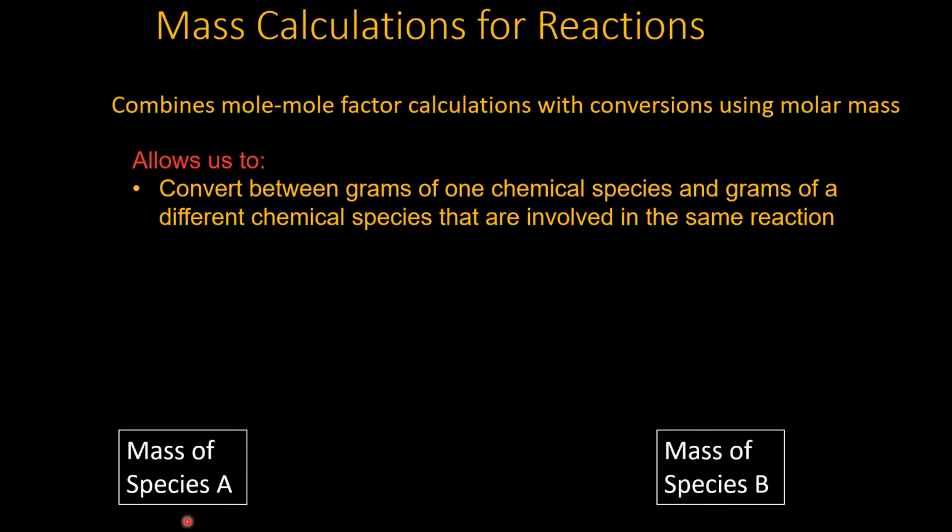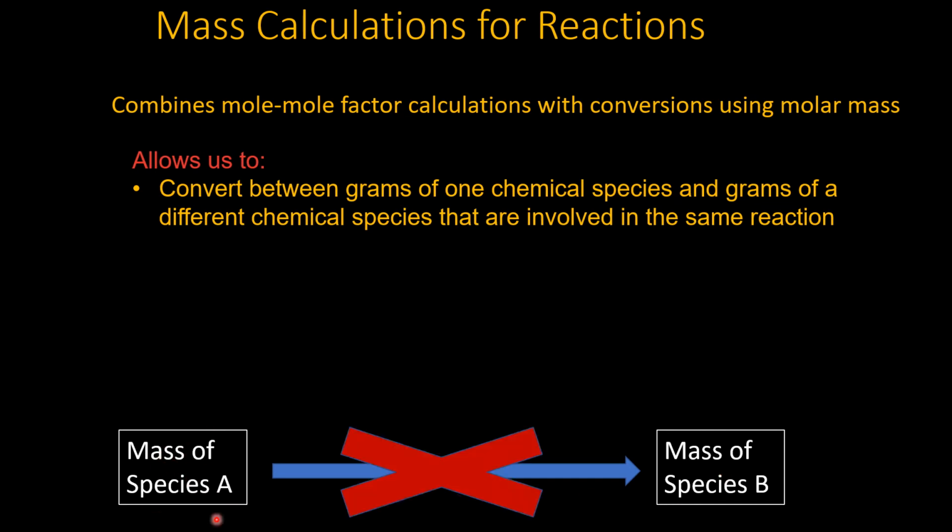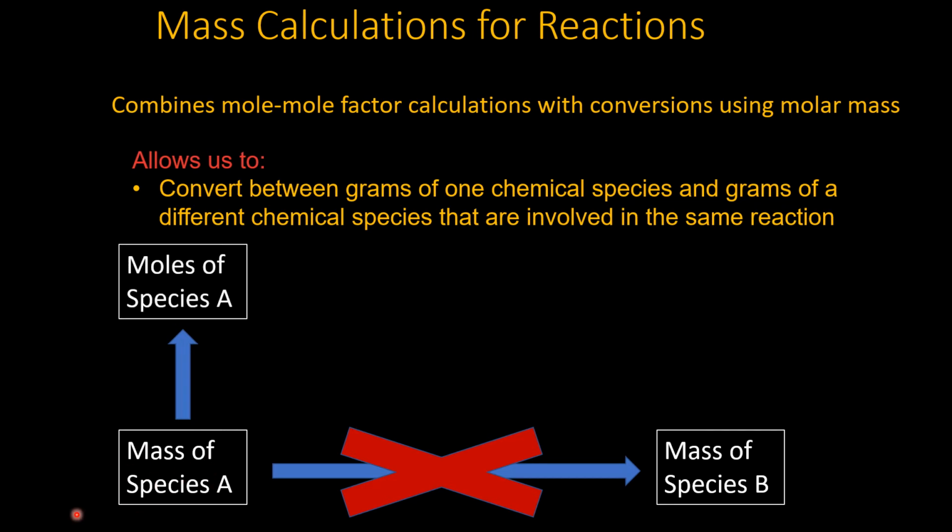So please, please, please be very, very careful about this. It always gets people. Because you would like to just say, well, look, I've got ratios, so I could just go from the mass of A to B. That would be absolutely incorrect. You cannot go mass to mass using stoichiometry. What you have to do is turn your starting mass into moles.